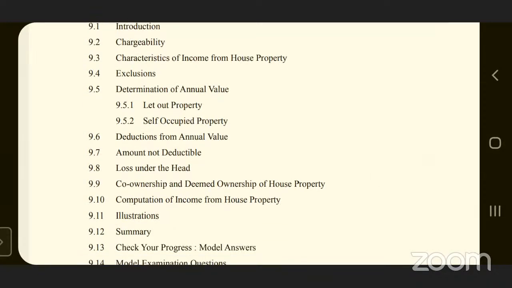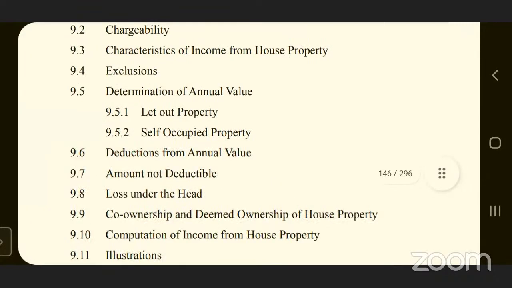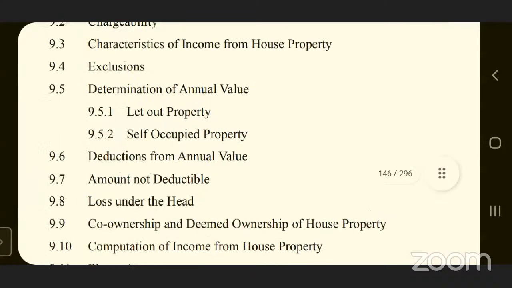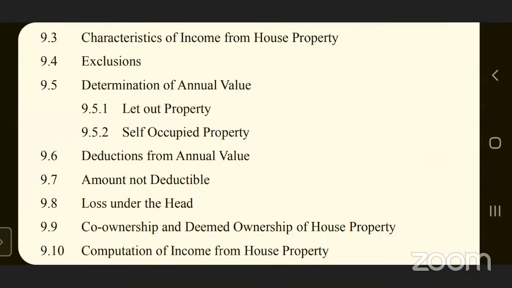That is called determination of annual value. When you determine the annual value, if you adjust some deductions to that annual value, then only it is considered taxable income from house property. In order to determine the annual value, we need to distinguish between let out property and self-occupied property.